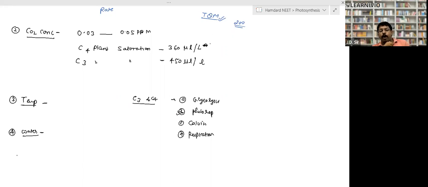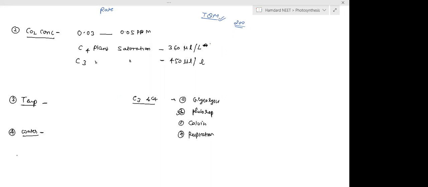The saturation point of CO2 concentration for a C3 plant is... Sir, saturation point of carbon dioxide?